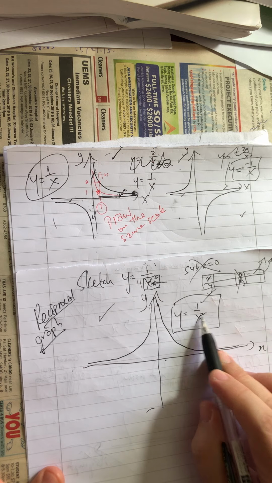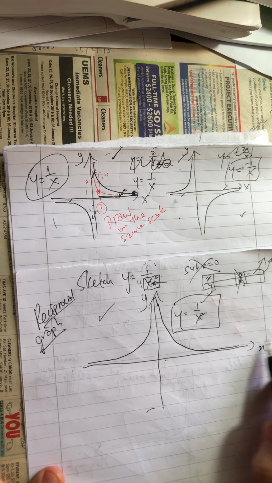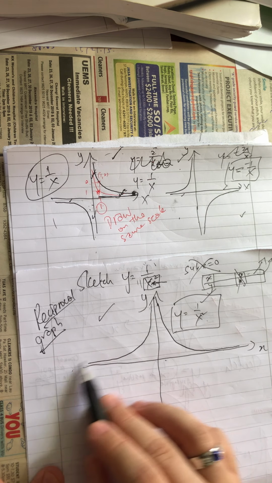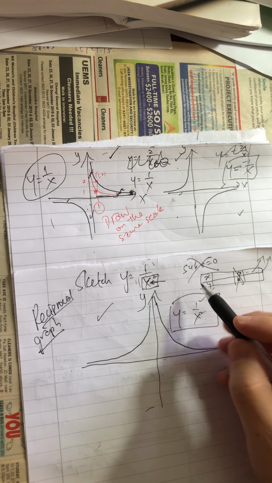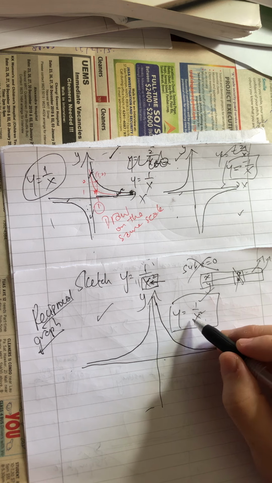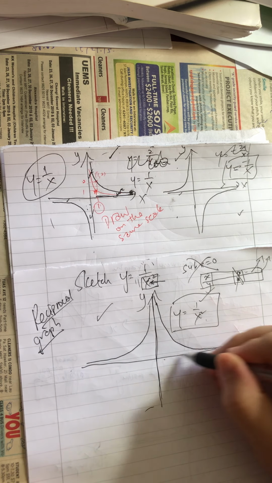Because no matter what x value I put in, it can be plus million, plus 2 billion, plus 1, plus 2, or it can be minus whatever number, overall is positive. Okay, so this is your y equals 1 over x squared. Can x be 0? Cannot. That's why this is an asymptote, this is an asymptote.